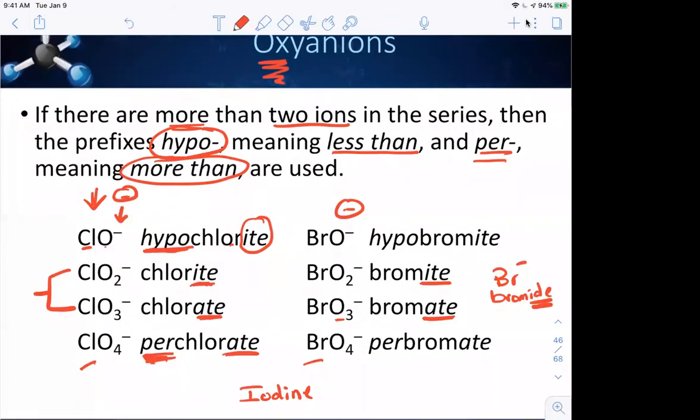The per is the one that has the most oxygen. Per meaning more than the ate, perchlorate. So hypobromite, bromite, bromate, perbromate. I can do the same thing with iodine. Hypoiodite, iodite, iodate, or periodate.